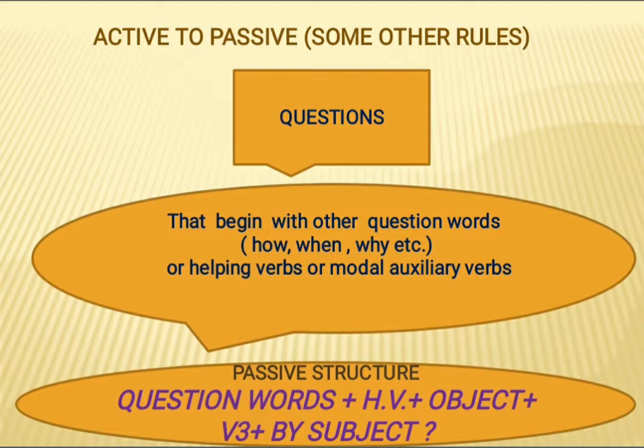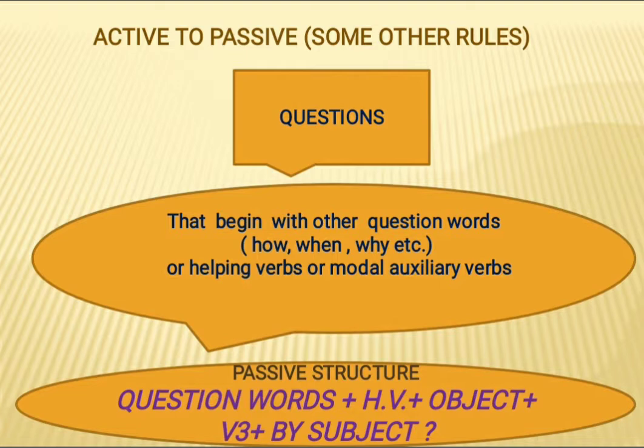Now, if in active voice you have the questions that begin with other question words, right? You have watched the question words who and what, and you have also seen how to change that kind of questions that begin with who and what.